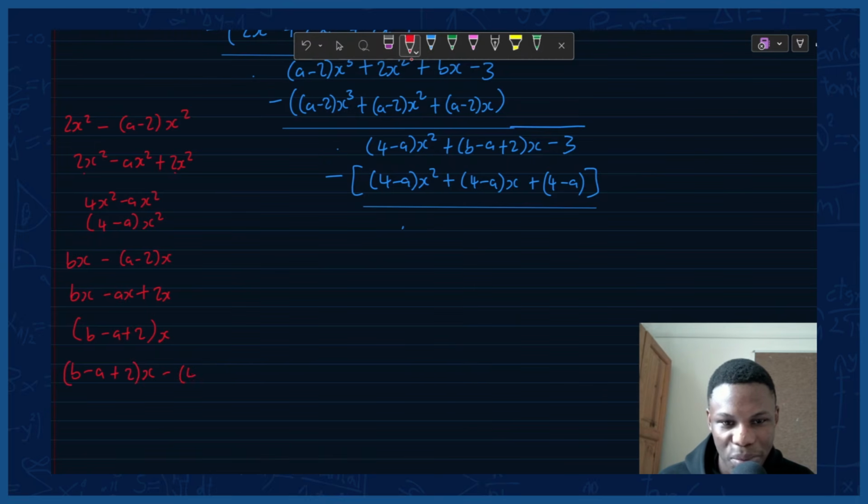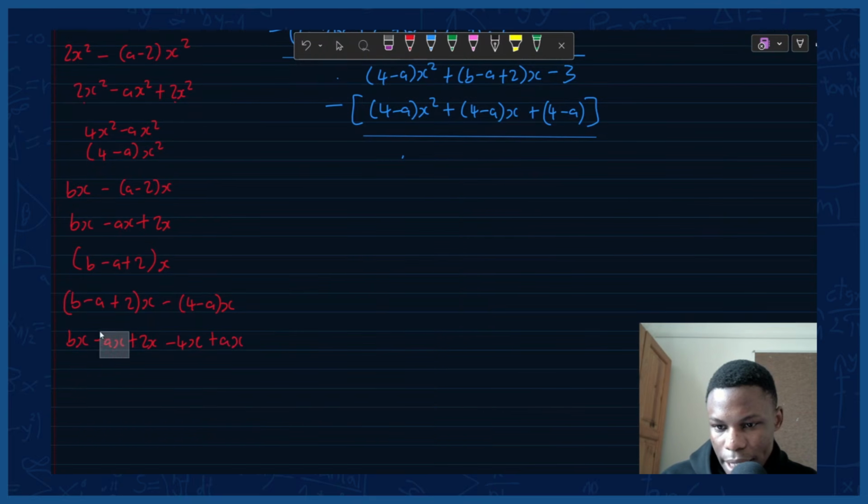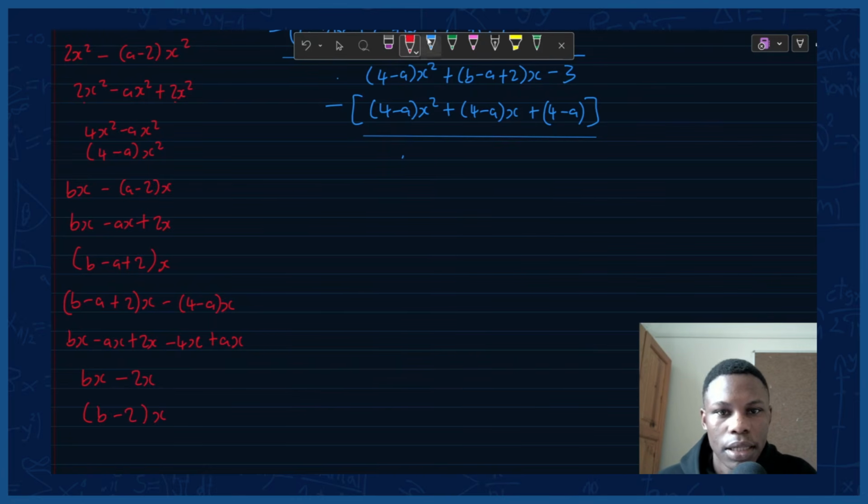If we expand everything, this is bx minus ax plus 2x minus 4x plus ax. I hope you can see the ax's cancel out. Then I've got bx, and 2x minus 4x is minus 2x. So we've got b minus 2 x.